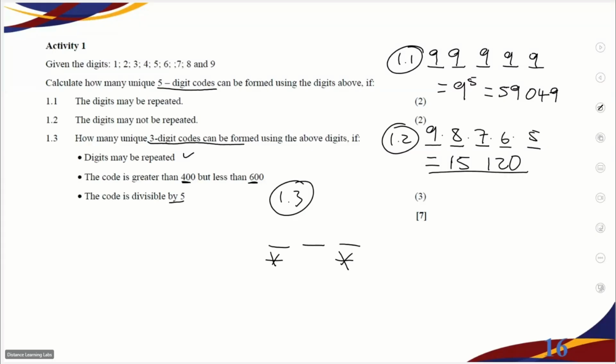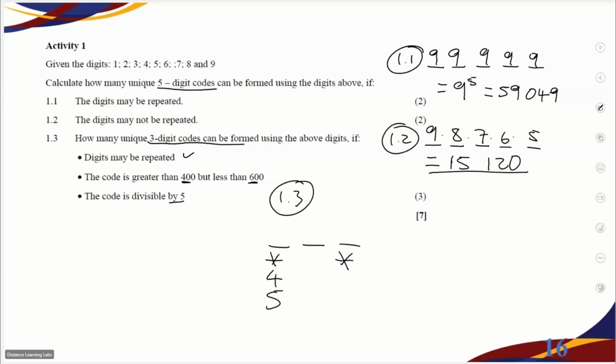Meaning, on the first position, it can only be 4 and 5. It can't even start with 6 because they are saying it is less than 600. Any 3-digit number that you create that starts with 6 would be greater than 600, of which we are looking for a code that is less than 600. Meaning the first position must only be 4 or 5.